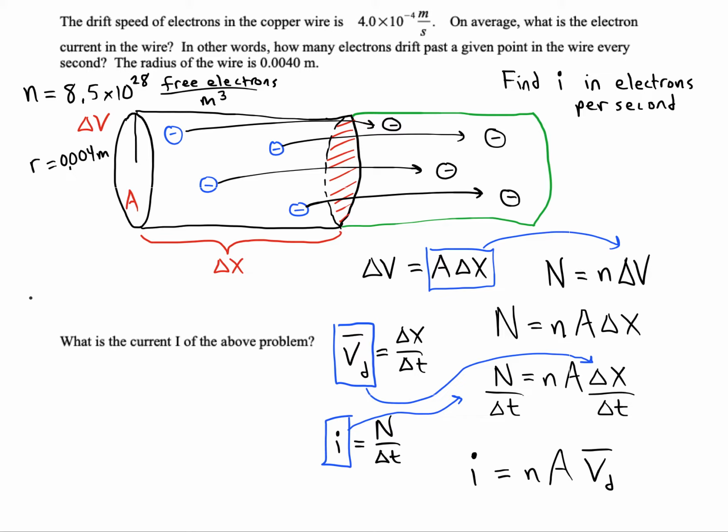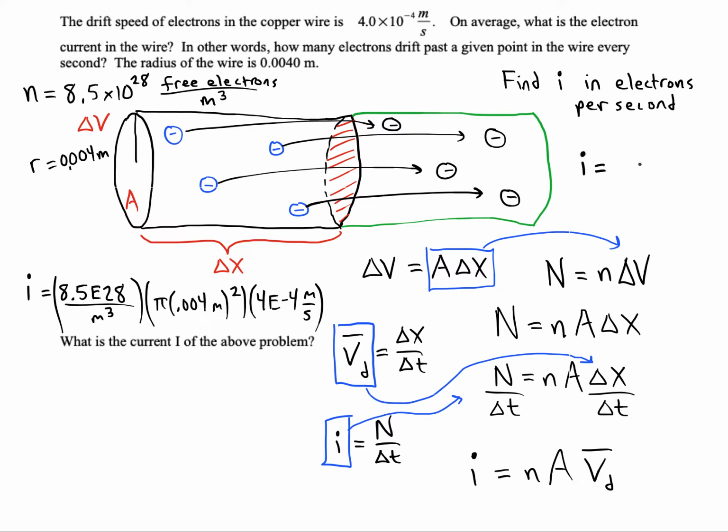Let's plug in. I get an electron current of 1.7 times 10 to the 21.